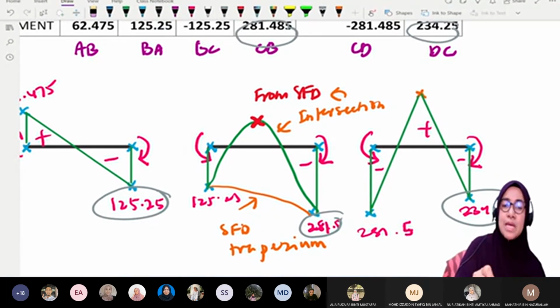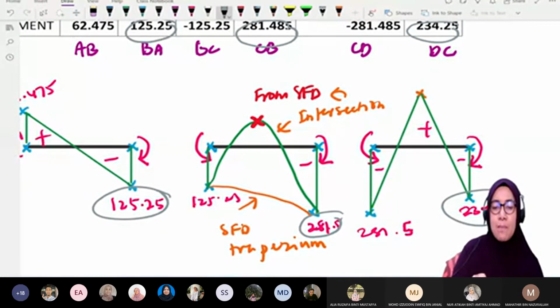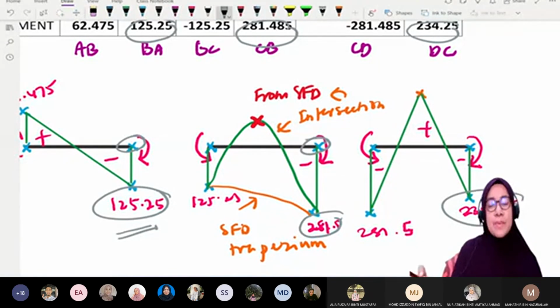Sebab dia bila tambah dapat 0. Okay, means that yang ni negative 125. Negative 125 tambah 125 dapat 0 kat sini. Okay, yang ni negative 281 tambah 281 dapat 0 kat sini. Okay, yang ni 234 negative. 234 negative tambah dengan 234 positif dapat 0. Okay, means that kita dah close loop.